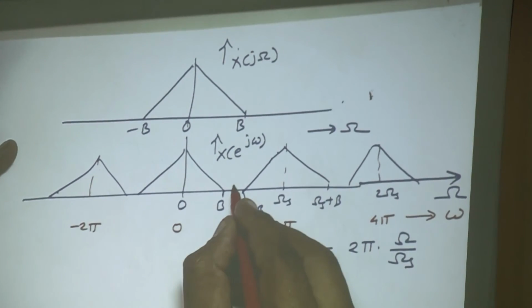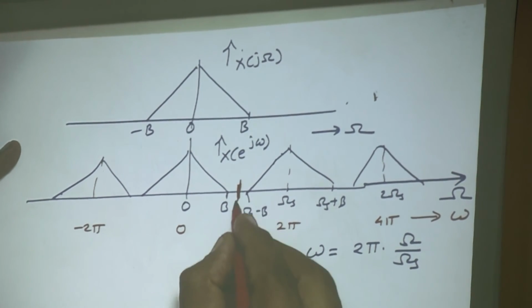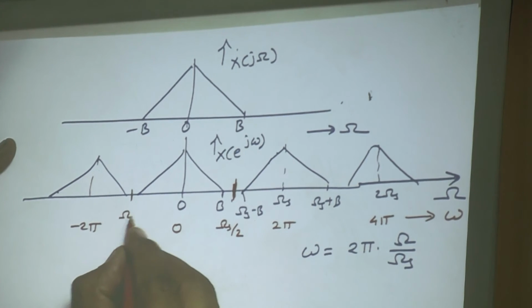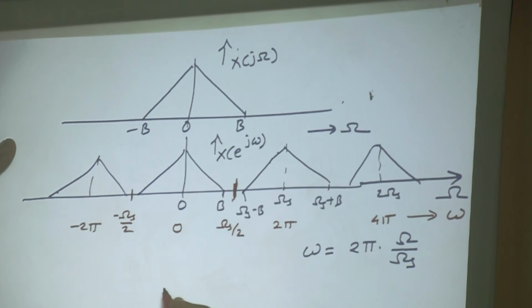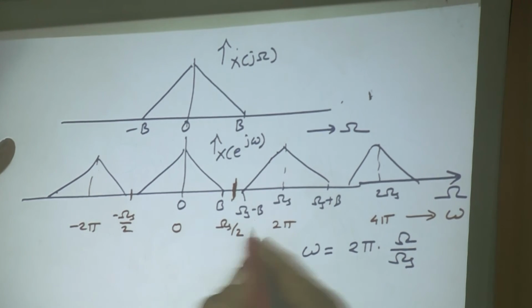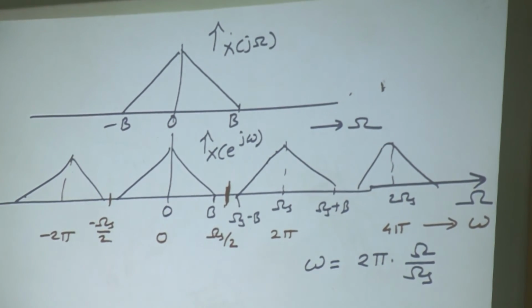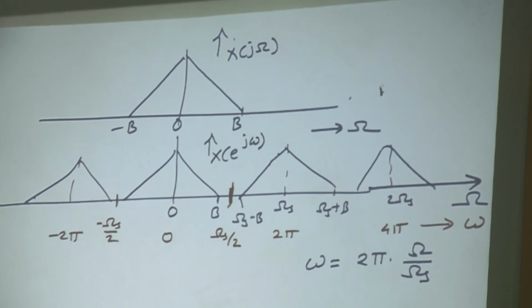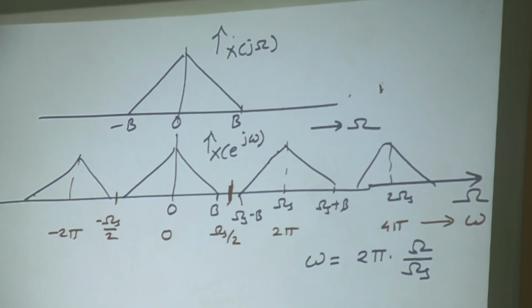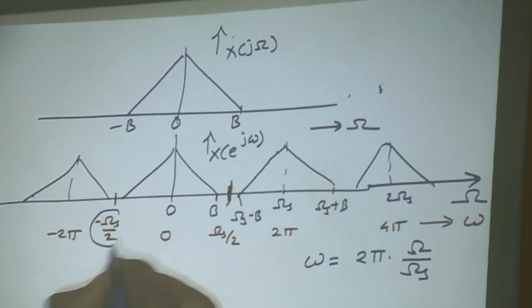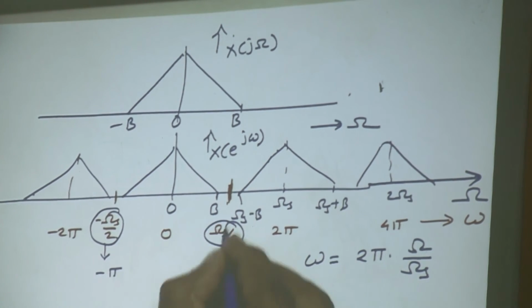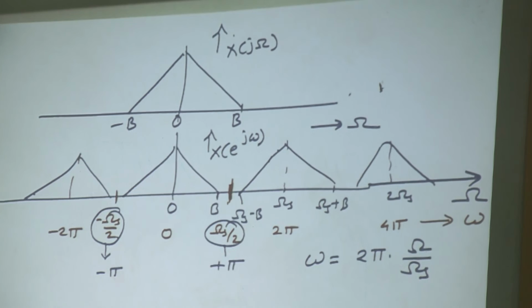Now what will this central value become? If this central value here is omega s by 2, the central value here is minus omega s by 2. With reference to omega s, the values are minus omega s by 2 to plus omega s by 2. Bandwidth is 1 omega s. This omega s by 2 becomes, with reference to small omega, minus pi, and plus omega s by 2 becomes plus pi.